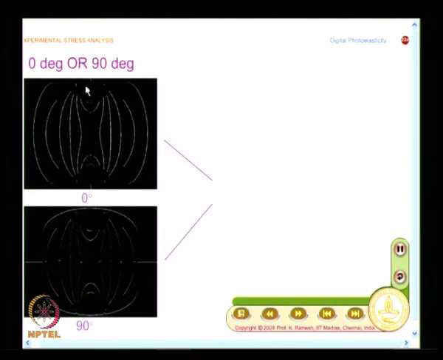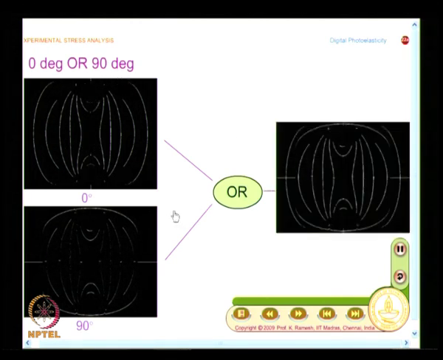So, I have a 0 degree or 90 degree result. Individually, when you look at it, some portions are not having fringe skeleton, and you have those fringe skeletons available in the other orthogonal scan. And when I take the OR of this, I get fringe skeleton as well as noise. Is the idea clear?